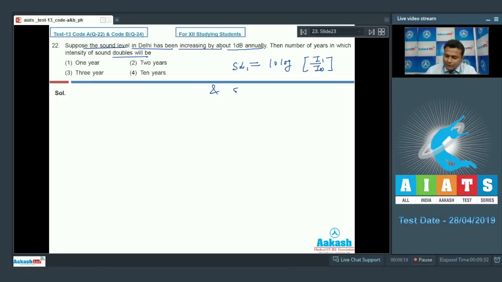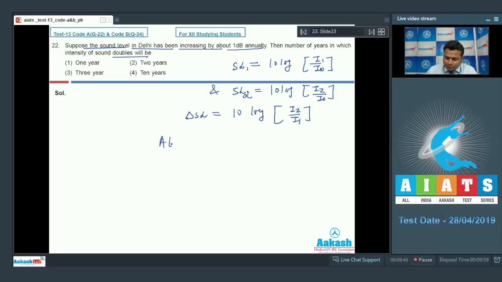Similarly, sound level 2, SL2, can be given as 10 log I2 upon I naught. So change in sound level we can calculate: delta SL, that is SL2 minus SL1, 10 common, we can write log of I2 upon I naught divided by I1 upon I naught. So ultimately we will get I2 upon I1.